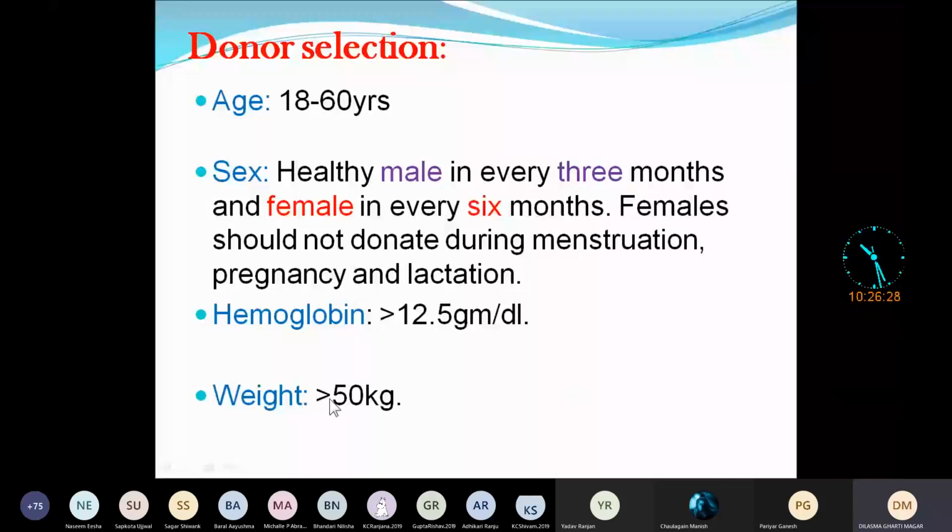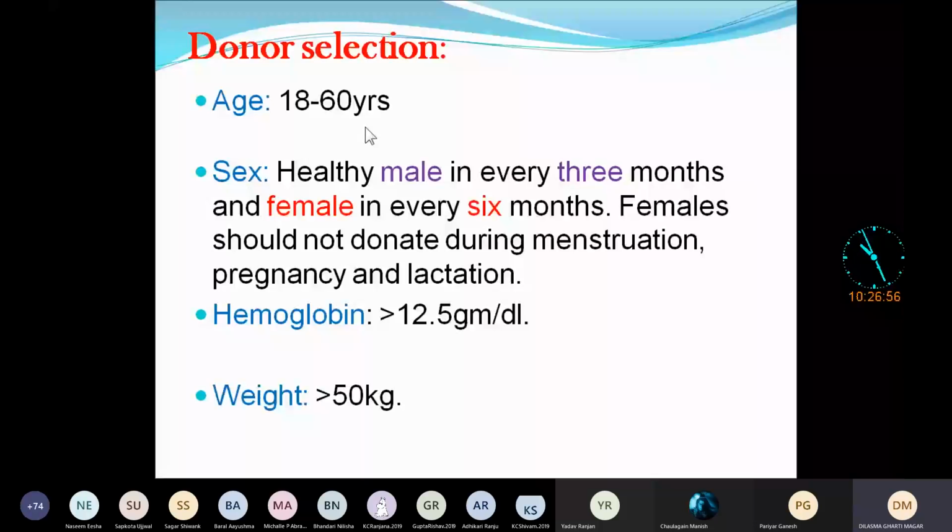Age: a person has to be more than 18 and less than 60 years. Sometimes during a blood donation camp, if some donors look very young, we ask their age, and they say 16 years old.